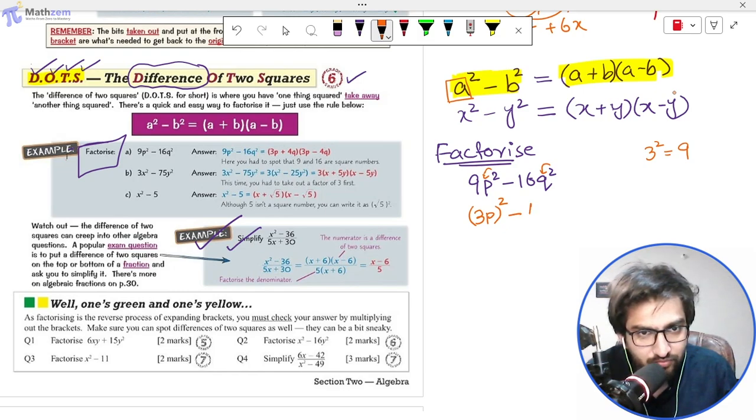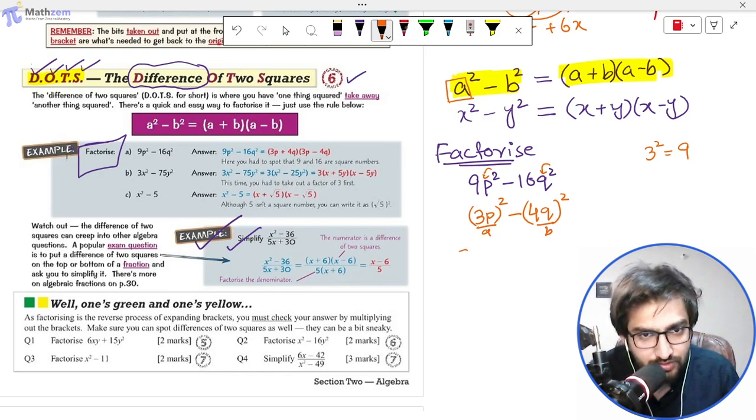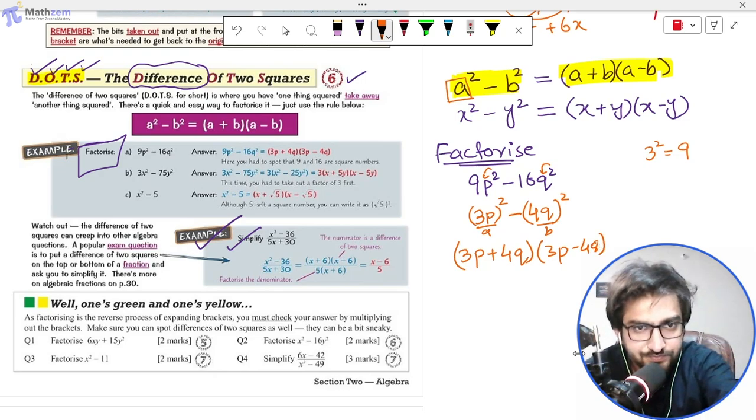Similarly, I can replace 16 by 4q whole square. So now this is a, that is b. a square minus b square is equal to a plus b, a minus b. So it will be 3p plus 4q, bracket, 3p minus 4q, and that is the answer. This is how you solve this question.